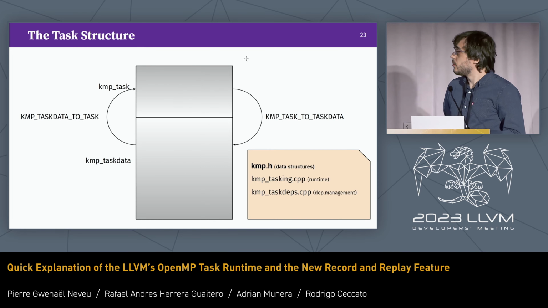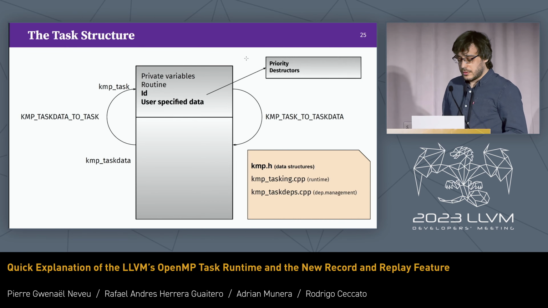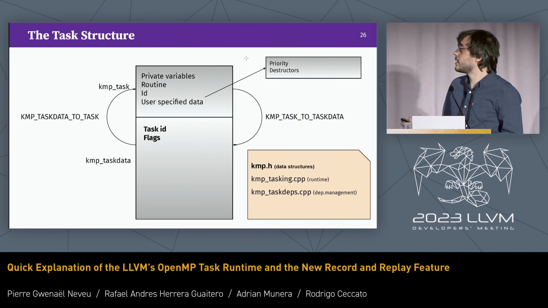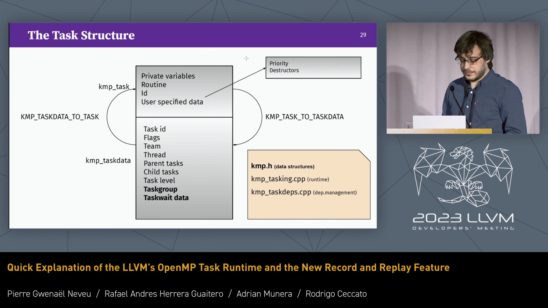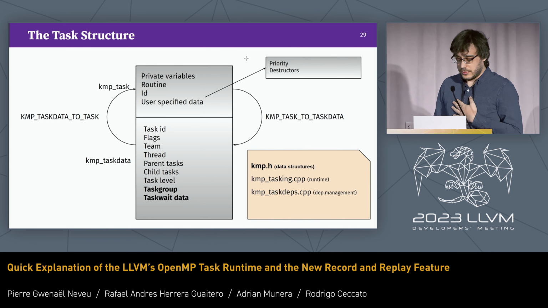To detail it, kmp_task has the private variables, the routine of the task, but also its priority and the destructors of the task. While the task data has the ID, some flags, which team and thread the task belongs to, and also whether the task is inside another task or has another task inside itself, as well as other runtime functions.